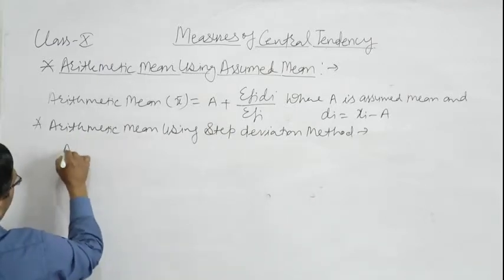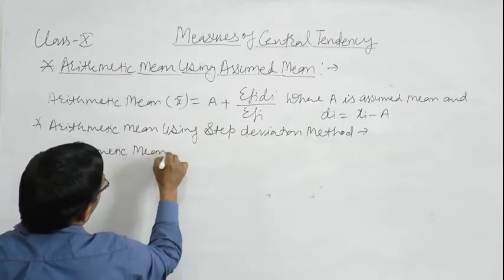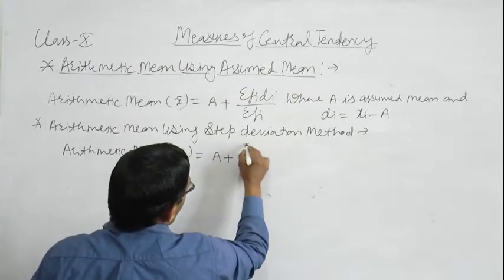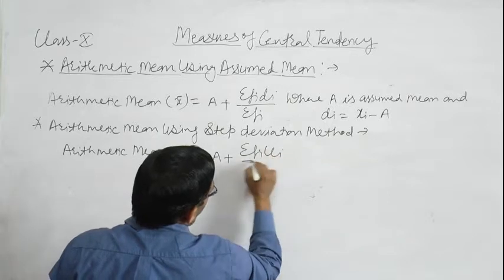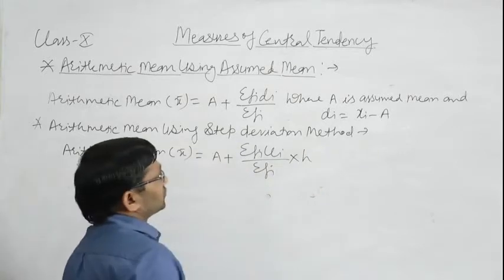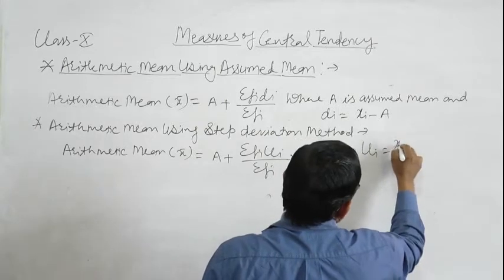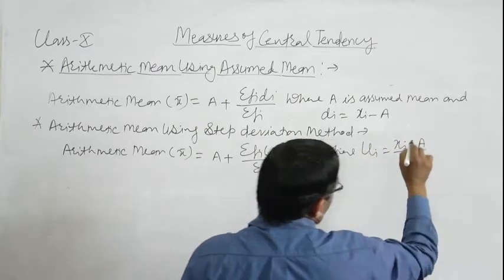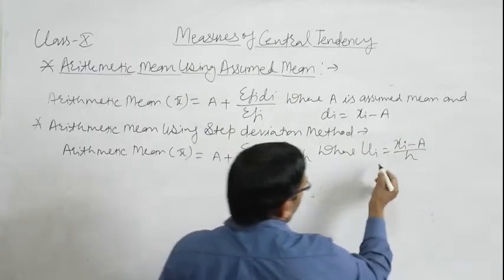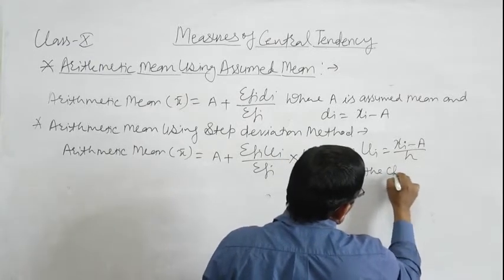In this method the formula of arithmetic mean is x bar is equal to a plus sigma fi ui upon sigma fi multiply h, where ui is equal to xi minus a upon h, and h is the class height.